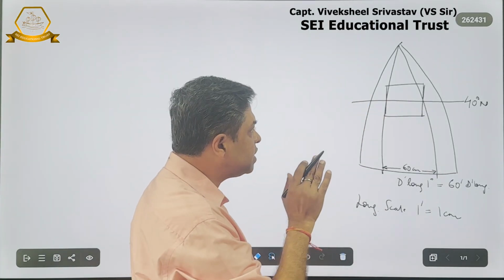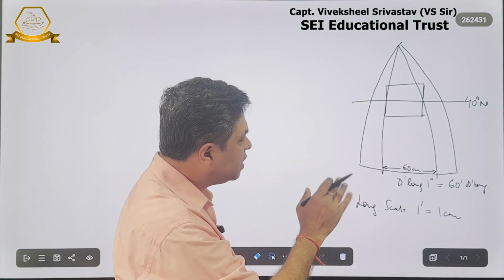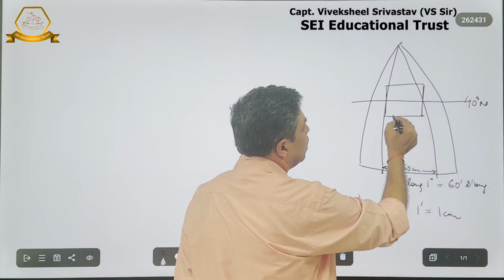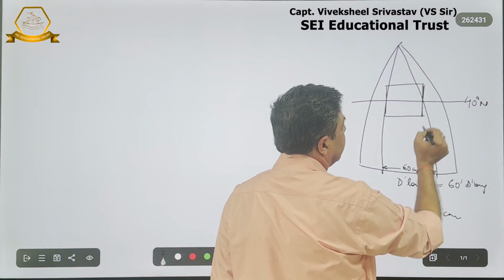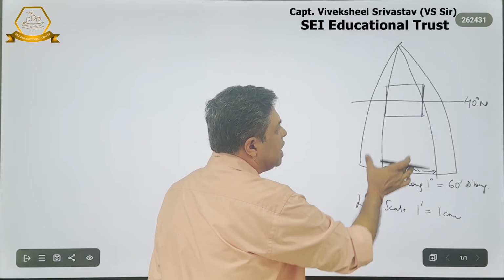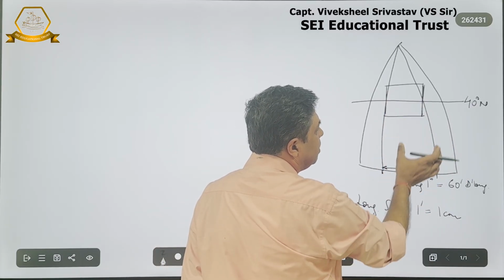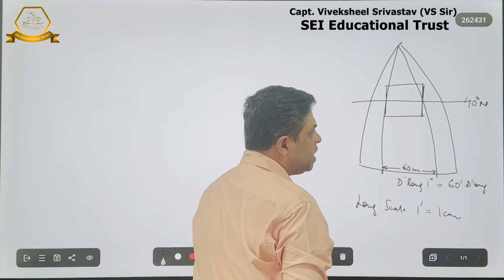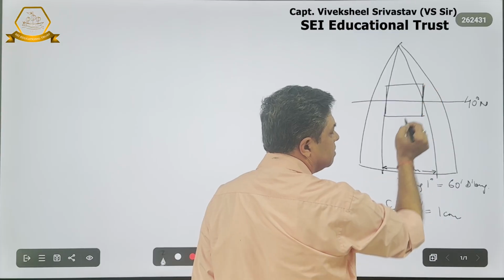Okay, so this is just an exaggerated diagram to understand. So now this square piece of land at 40 degrees north latitude, the d long will be the same 60 minutes for these two meridians because they are passing through the square.